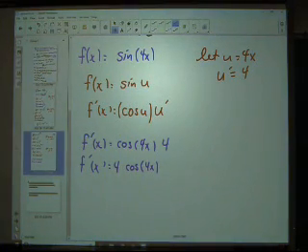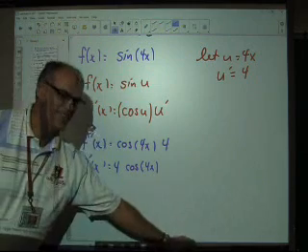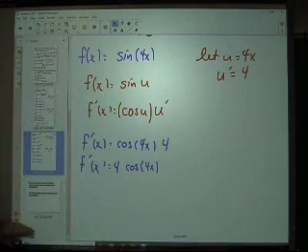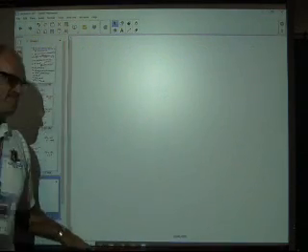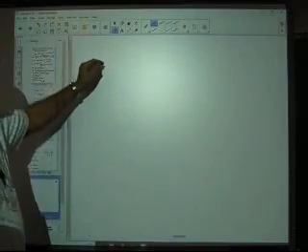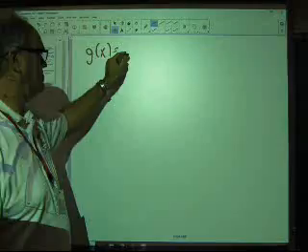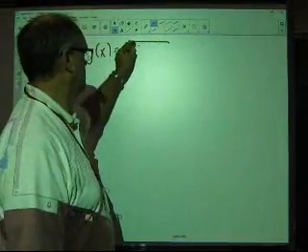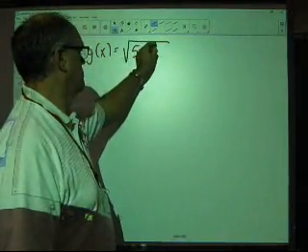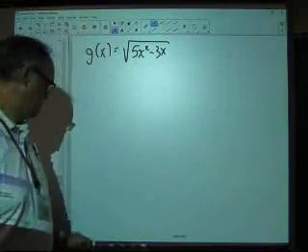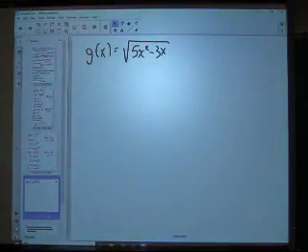Let's try another one. Wonder what kind of fun we could have with this one. Please find the derivative of this one.